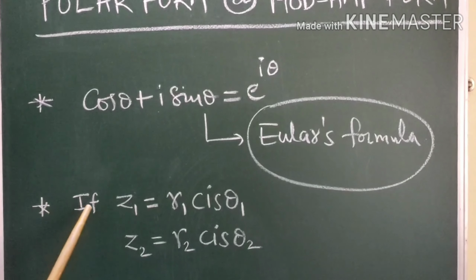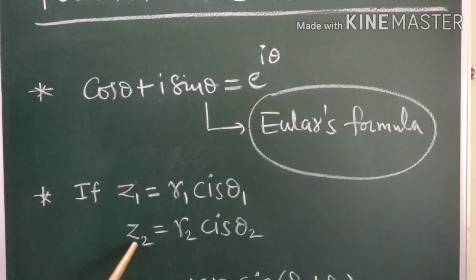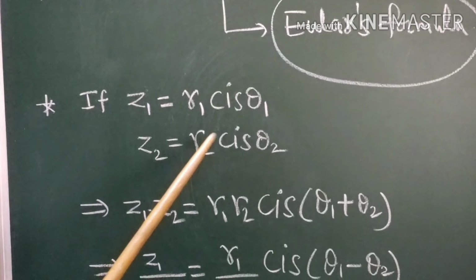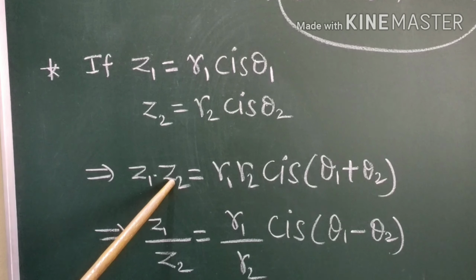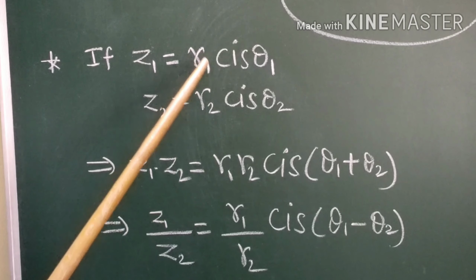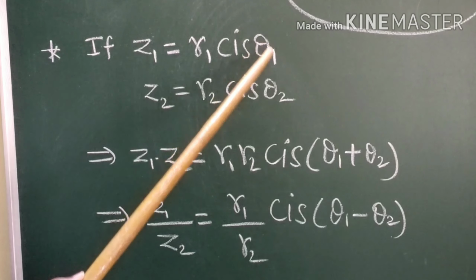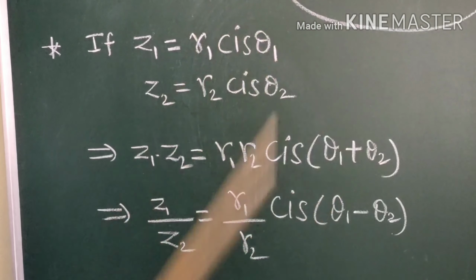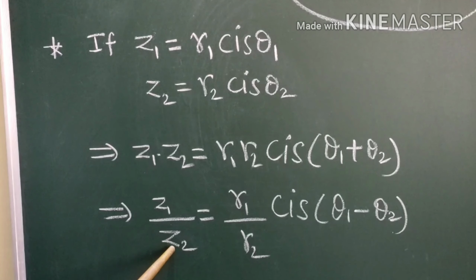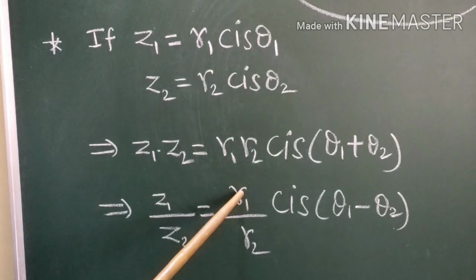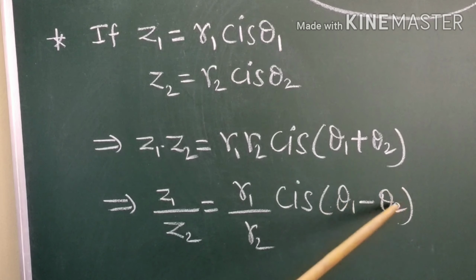Now, if z1 is equal to r1 cis theta 1 and z2 is equal to r2 cis theta 2, then z1 into z2, the multiplication, is equal to r1 into r2 cis theta 1 plus theta 2, and z1 by z2, the division of complex numbers, is equal to r1 by r2 cis theta 1 minus theta 2.